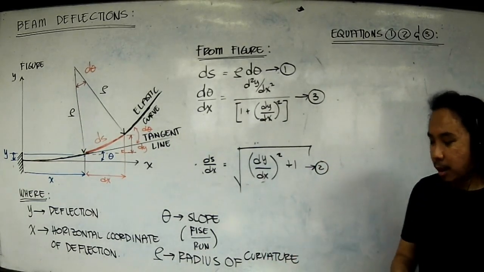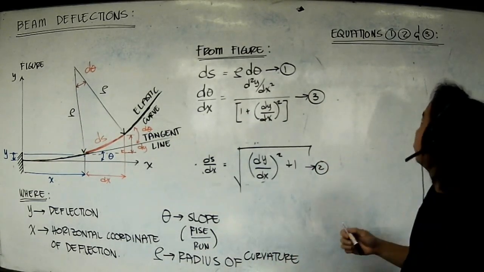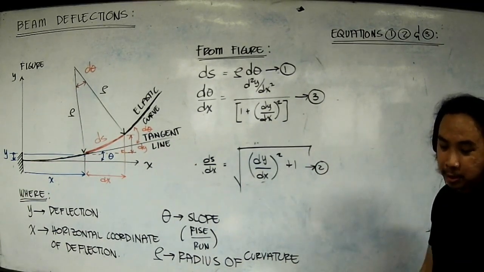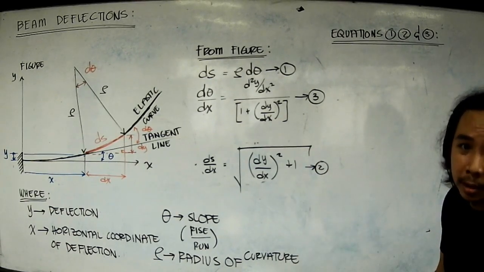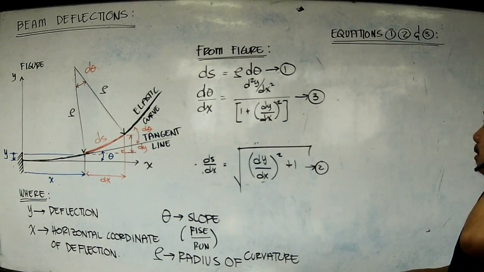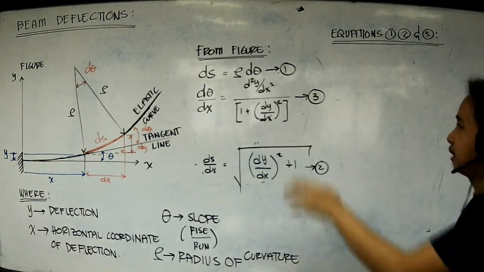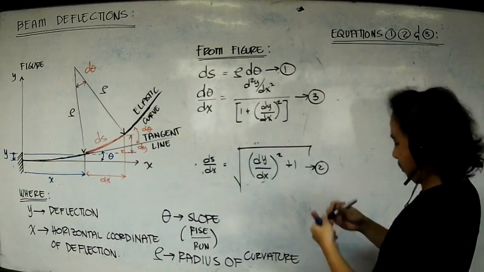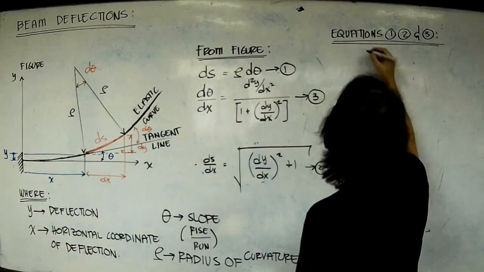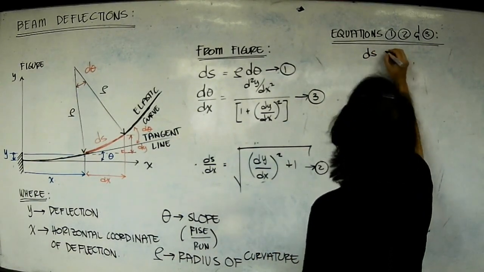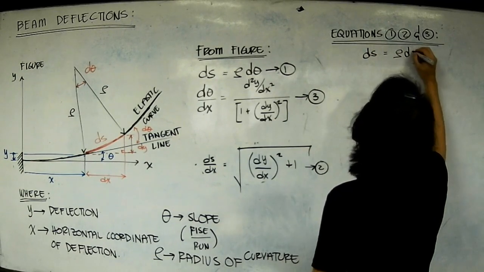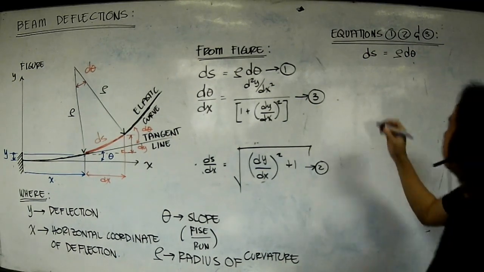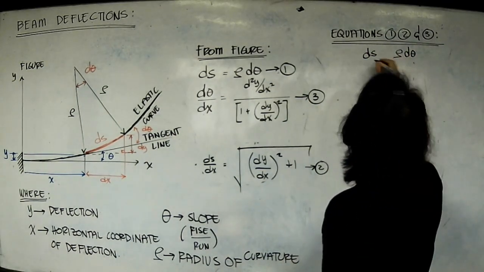We have exactly three expressions here that come together to form the relation. Let's try to figure this out. We have equation 1, 2, and 3. So, I would like to play with equation 1 first. I have ds equal to rho times d theta. Now, I'll just divide everything by dx.